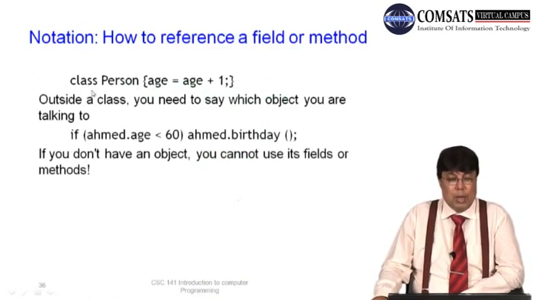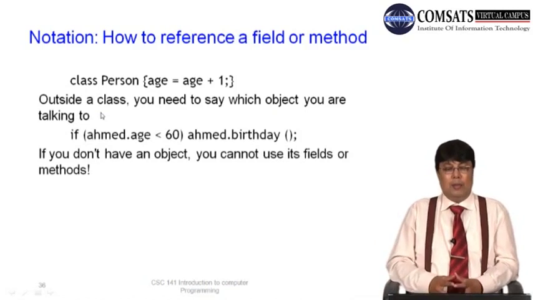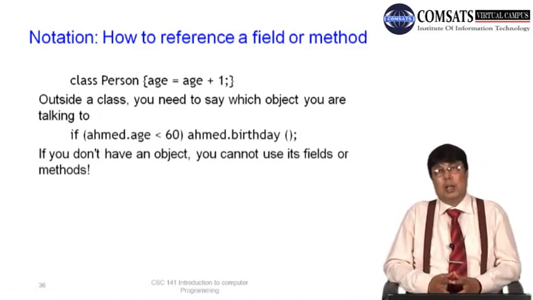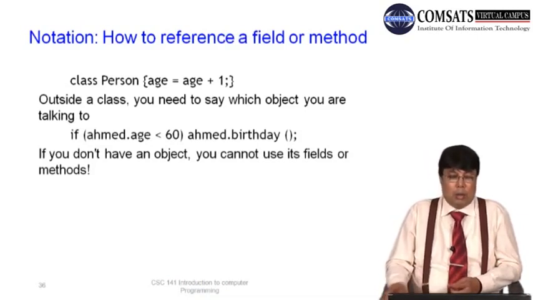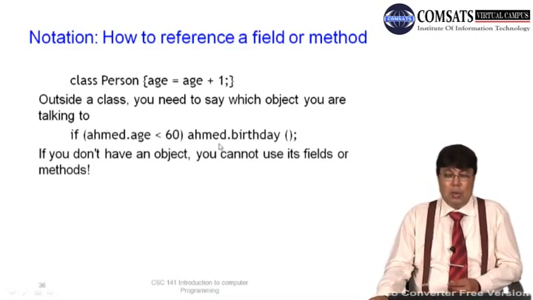So we can say class person, age is equal to age plus 1. So basically you have defined a person and you have already defined the age of that particular person, and you may call a function which says that if Ahmed.age is less than 60, then you can call Ahmed.birthday.